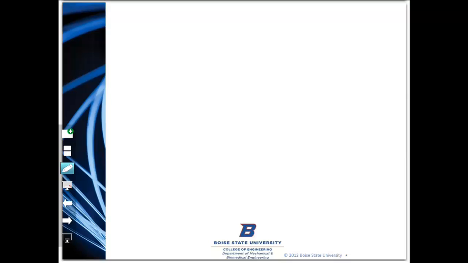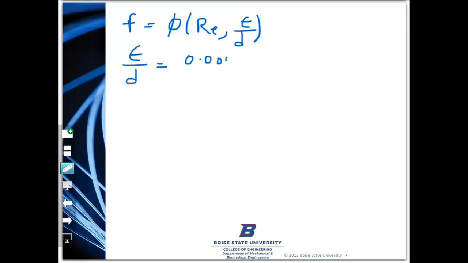So once you have that, you know that the friction factor f is a function of Reynolds number and epsilon over D. You are given a steel pipe, so go to table 8.1 and you can compute epsilon over D. You pick the commercial steel pipe. I'm converting the 3 inches to feet, so I get 6 times 10 to the negative 4.